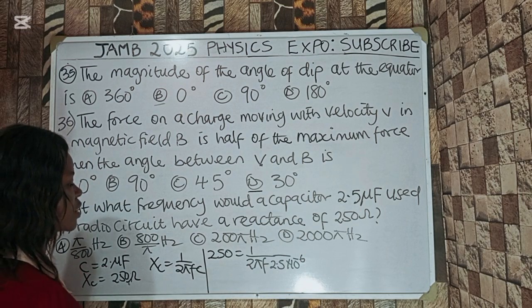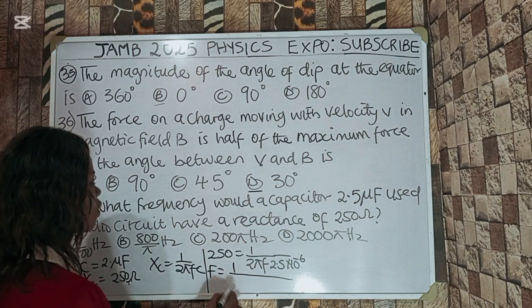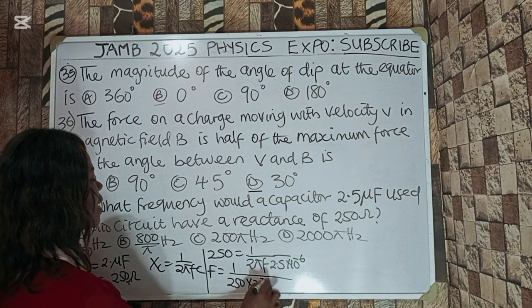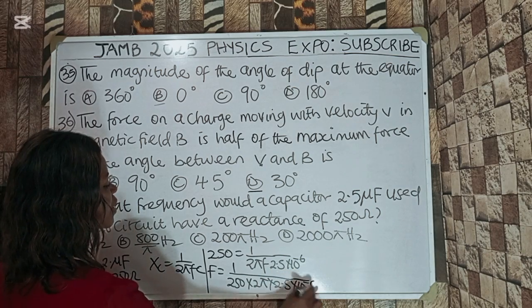If I cross multiply, my f equals 1 over 250 times 2 pi times 2.5 times 10 raised to power minus 6.